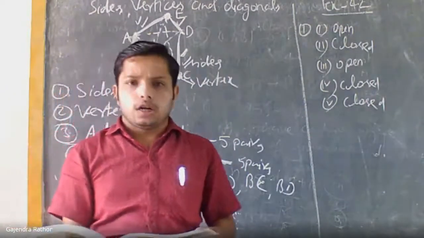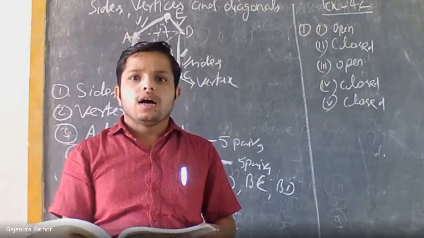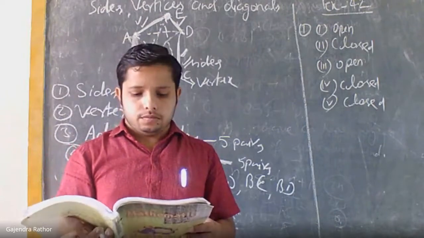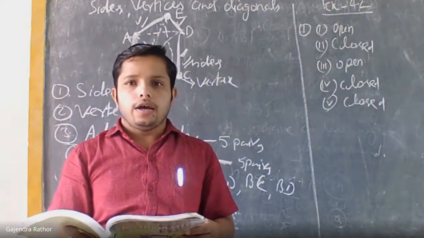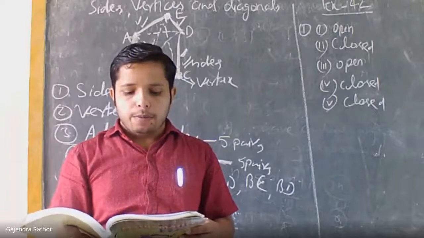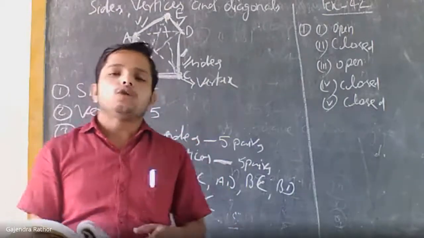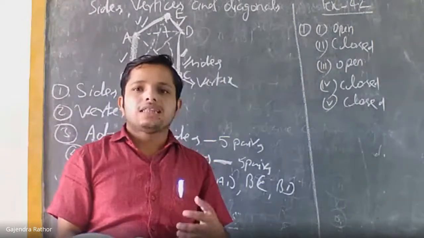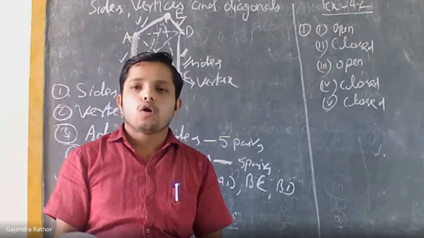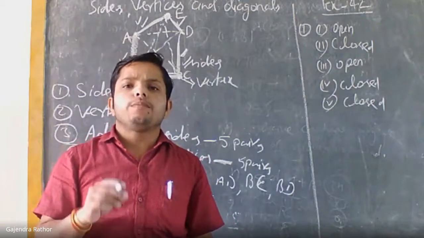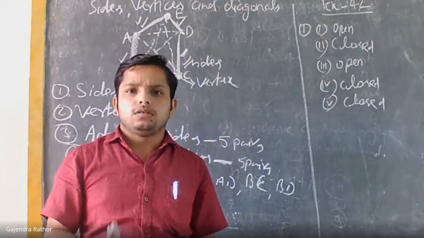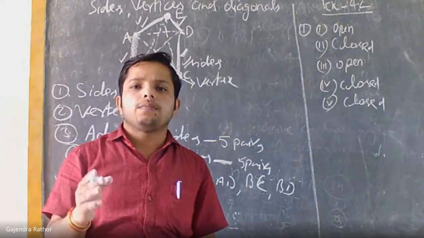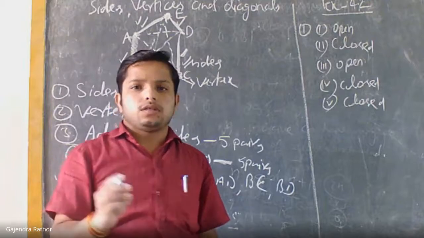Now, question number 2, draw rough diagrams to illustrate the following: A, open curve and B, closed curve. So in the second question, we have to draw some rough diagrams as examples of open and closed curves. We can draw any diagrams which are open and which are closed. I am drawing some rough diagrams.